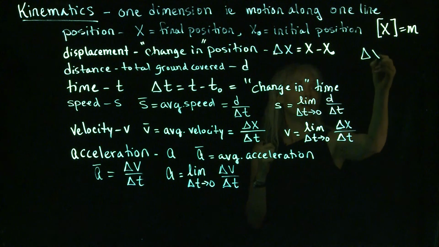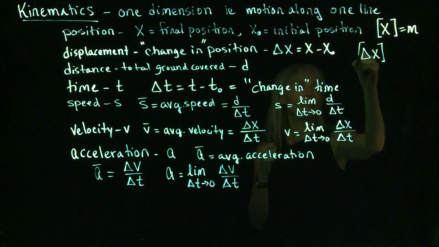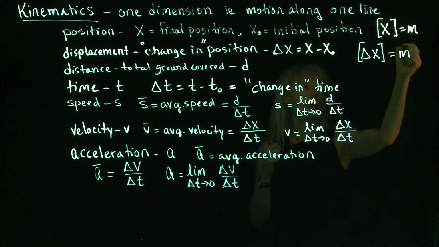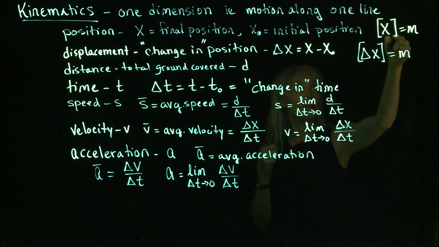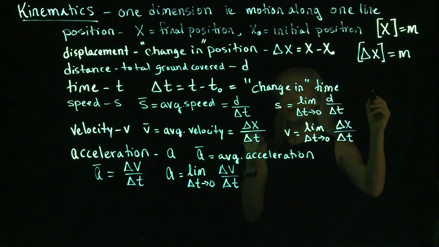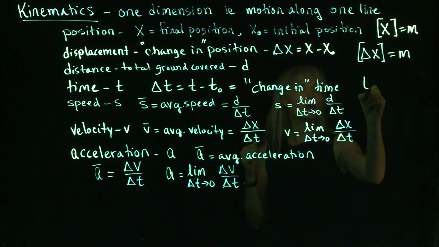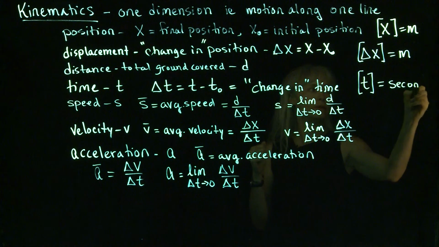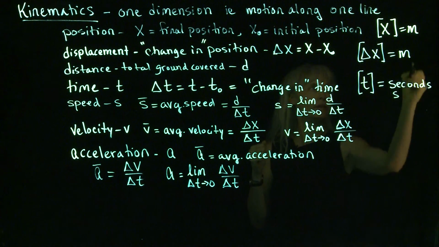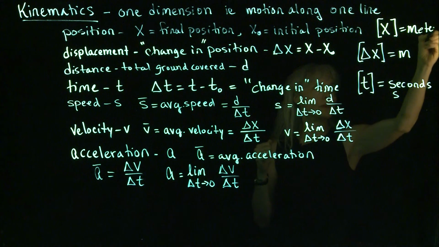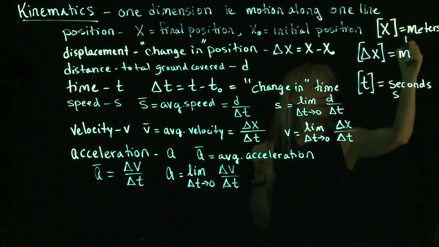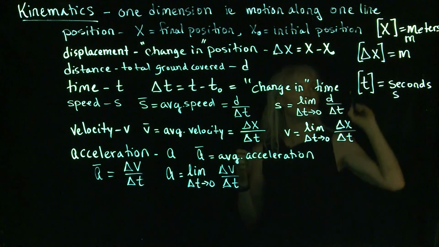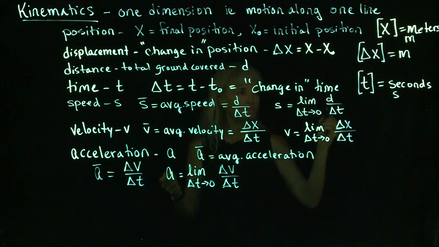Delta x, likewise, will traditionally have units of meters. When I'm putting brackets around a quantity, that means this is the quantity's units. What about time? What kind of units are we going to have for time? The units for time are going to be seconds, and abbreviated s. And I should clarify that the units for position are meters, but they're going to be abbreviated m.